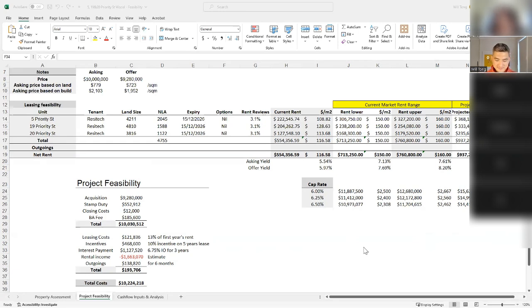We're anticipating double-digit rental growth every year in this market for the next 3 to 4 years. So if the current market rent is 150 already, and we apply just 10% increase per annum over the next 3 years, we would arrive at this figure. Well, actually higher than this figure. Cool.